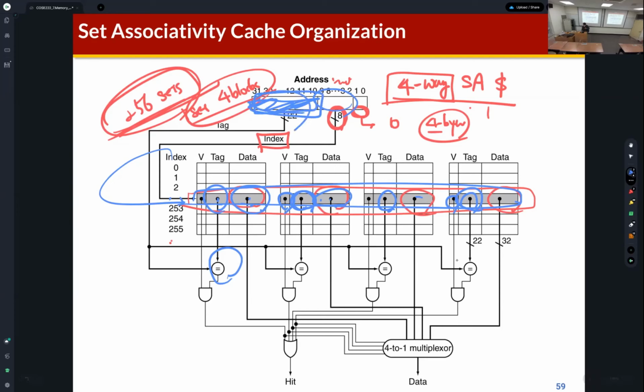You can find the 4 comparators here, and we also need to check the validity of the block. If one of these blocks hits, then it's a cache hit. Then we can select the data from the 4 blocks of this cache set. This is the organization of the set associative cache.